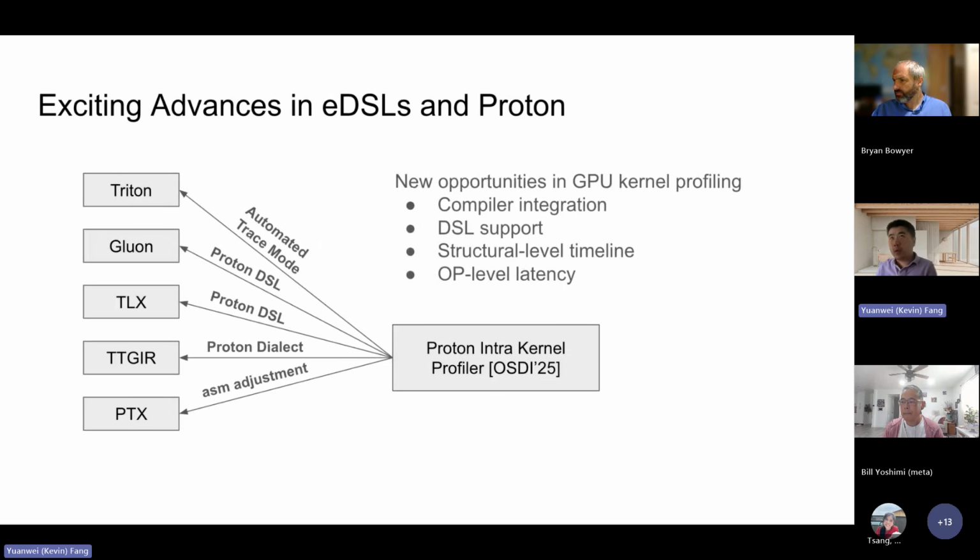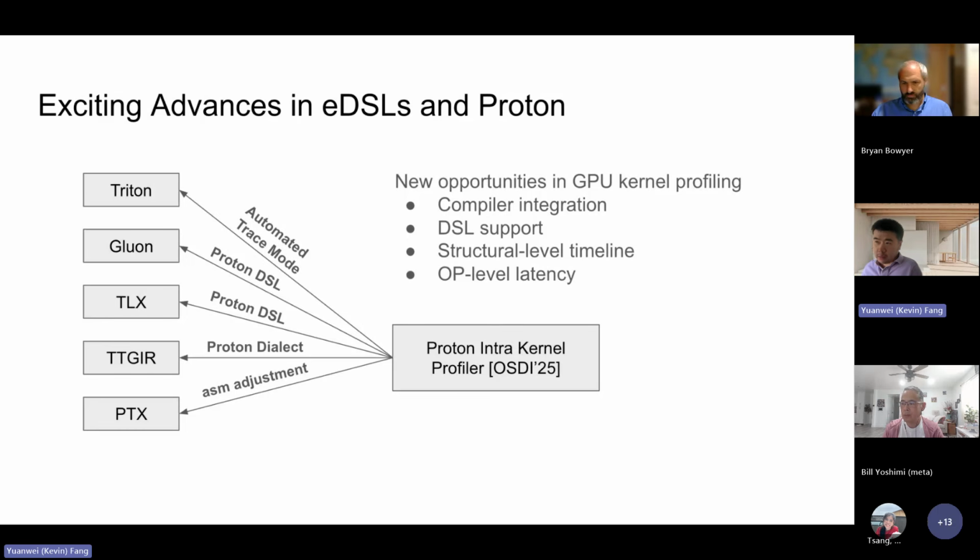The background of this work is that we have seen some exciting advancements in the Triton ecosystem, including EDSLs and Proton. For example, we have some interesting low-level DSLs like Gluon and TLX. These give you the ability to scale your performance if you are not happy with the high-level Triton DSL.